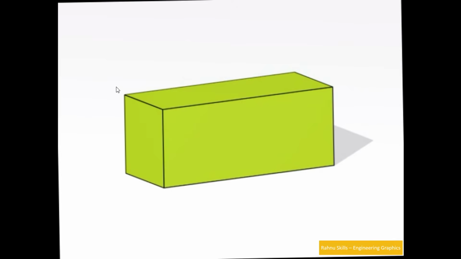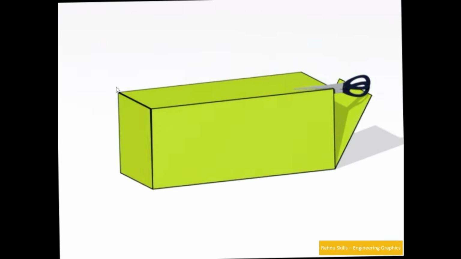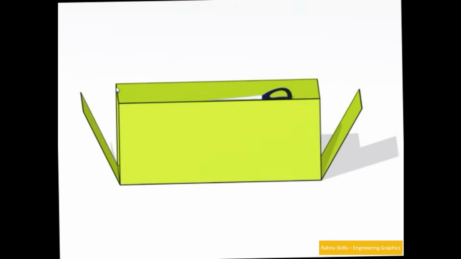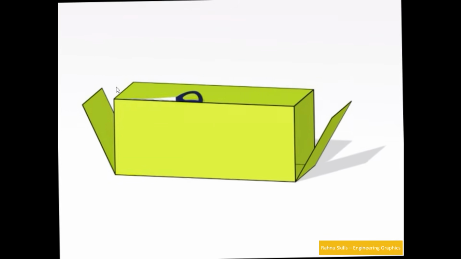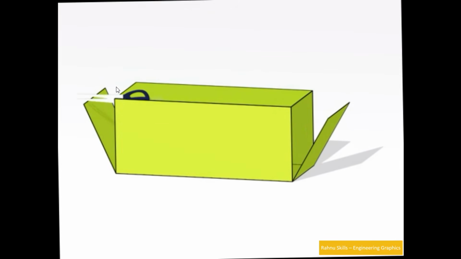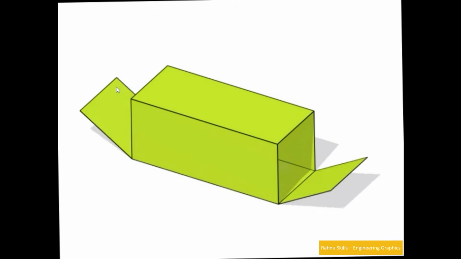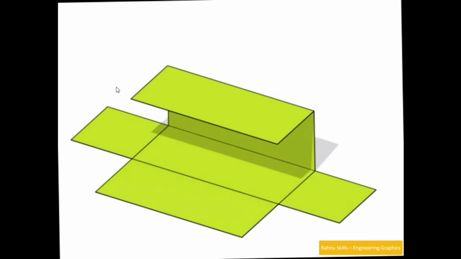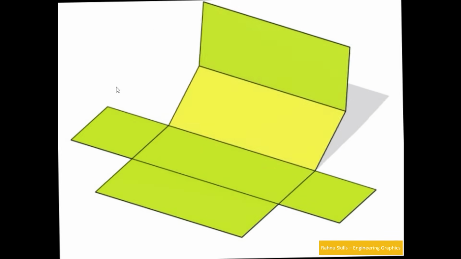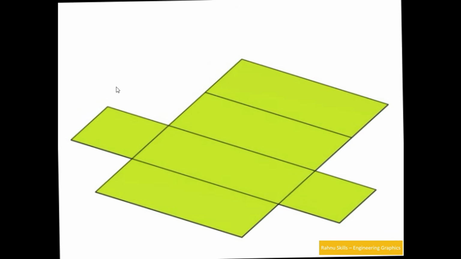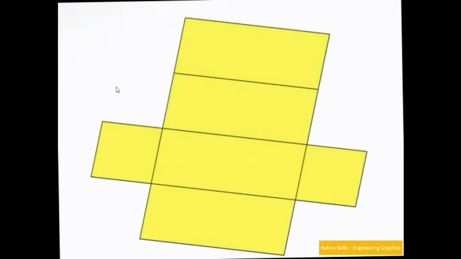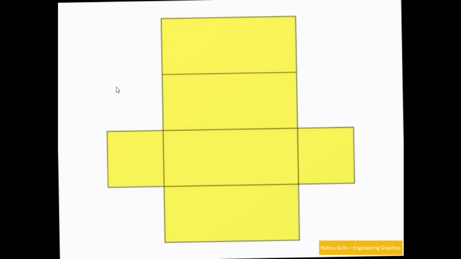Now we will see the same development of surface in animation mode. So let's say this is the same object I have taken. Development means cutting and unfolding. So we are cutting the object from any edge. After that we have to unfold, unwrap or unroll like this. So when I cut and unfold, it will give me the surface like this. It will have the faces and face edges, base and top.